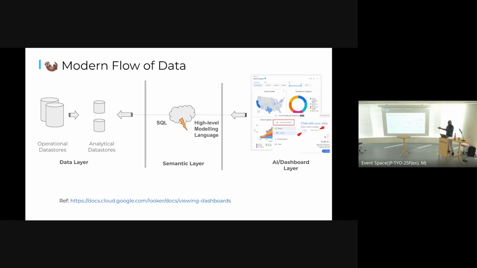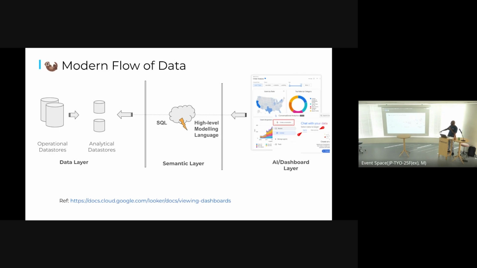What I'm about to show you right now is the modern flow of data, which has one extra layer in the middle, which is called a semantic layer. Now, please bear with me. We're going to understand what that is. As you could see, there's an extra layer. So when dashboarding tools or AI run queries, this is sort of like a translational layer for the analytical data stores to understand it.